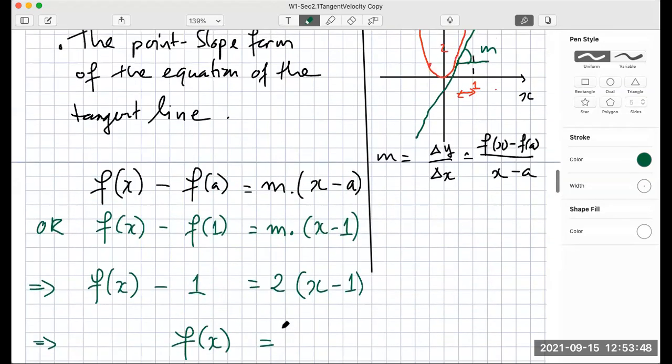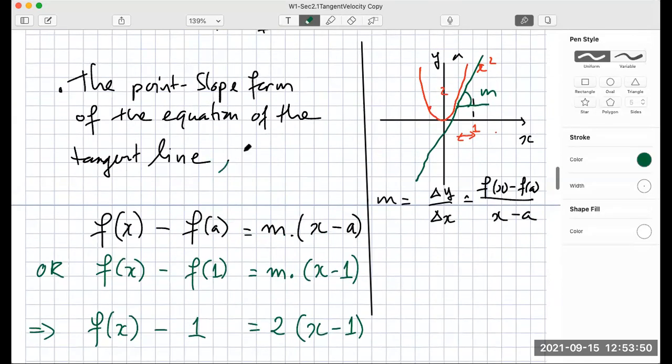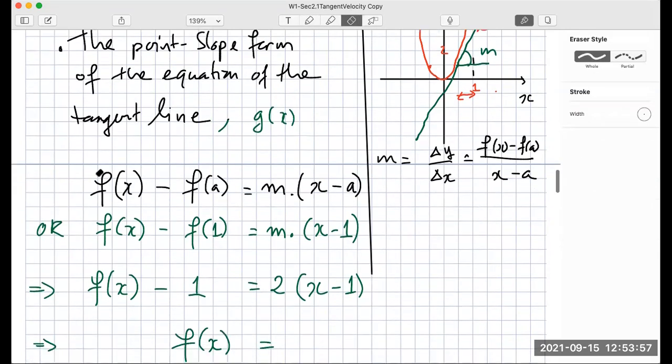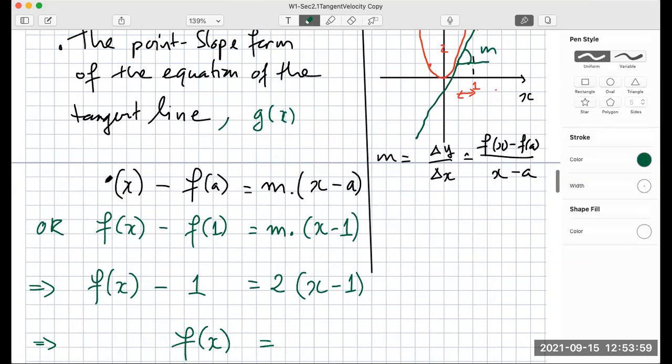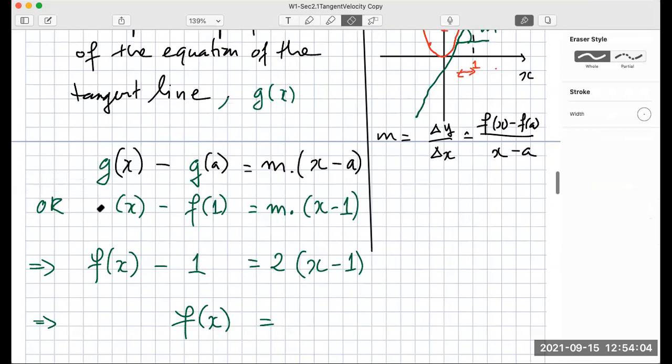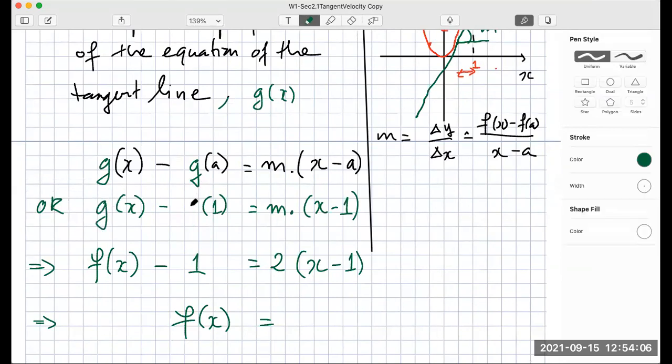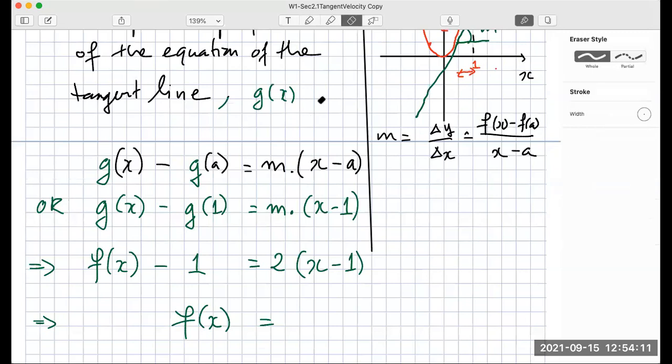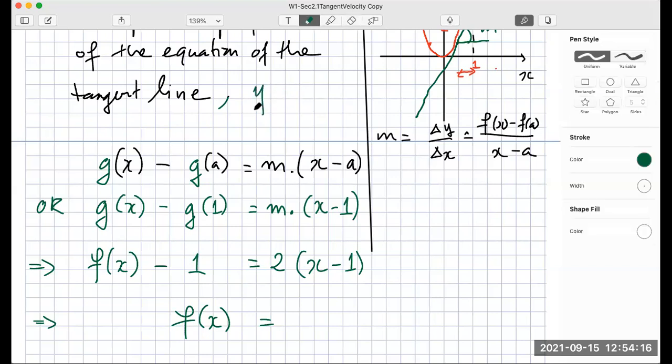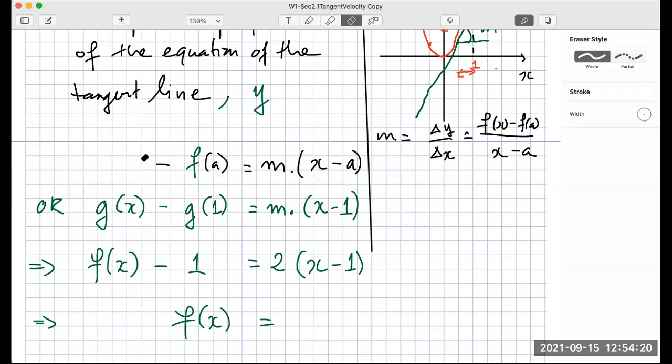Let us call the tangent line a function g of x, so it won't be confused with the function f we're given. My bad. Let us call it just simply y.